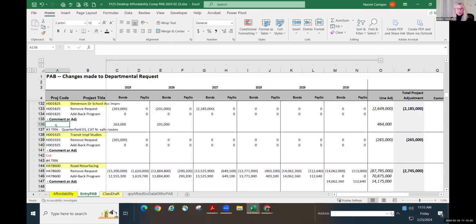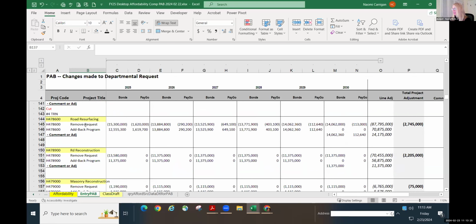Okay, so that covers the new capital projects in roads and bridges. Then what I did was I pulled up some of the multi-year recurring capital projects. The first one being road resurfacing.